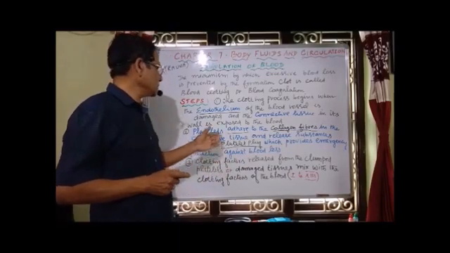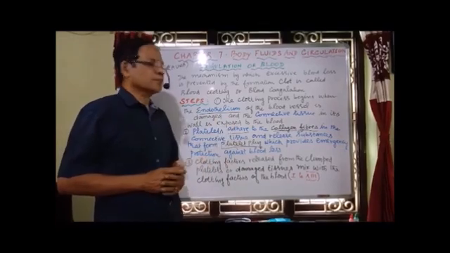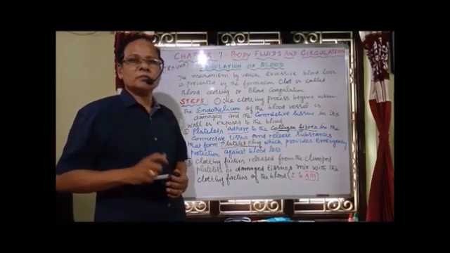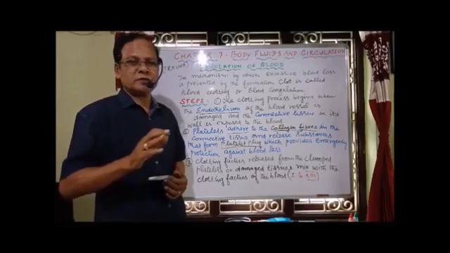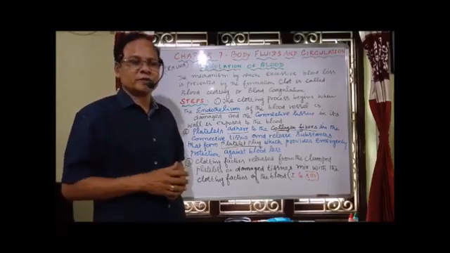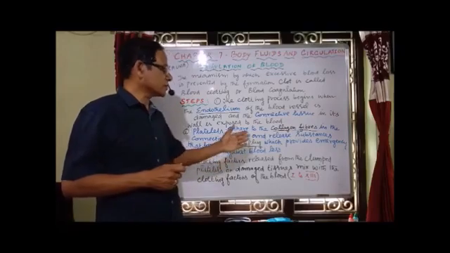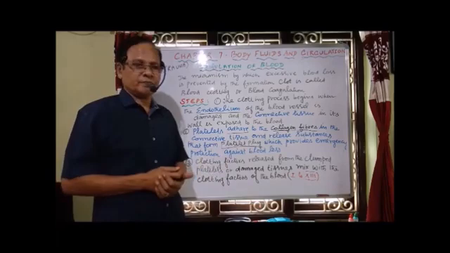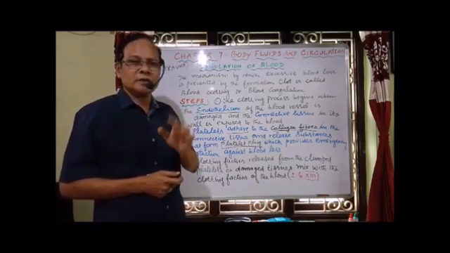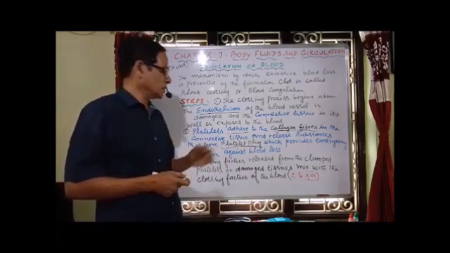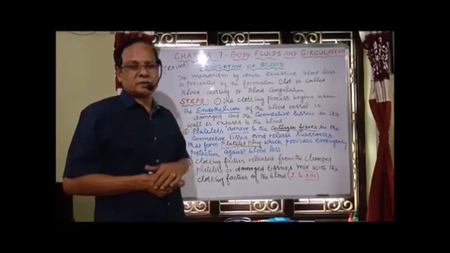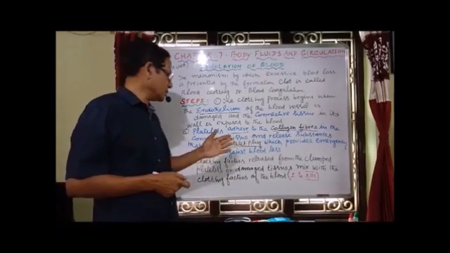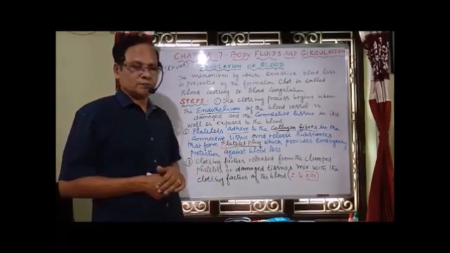Now I mentioned that platelets release factors. These factors are called prothrombin activation factor, simply called thrombokinase; different names are given. They are released by the damaged platelets and also by the damaged tissues.